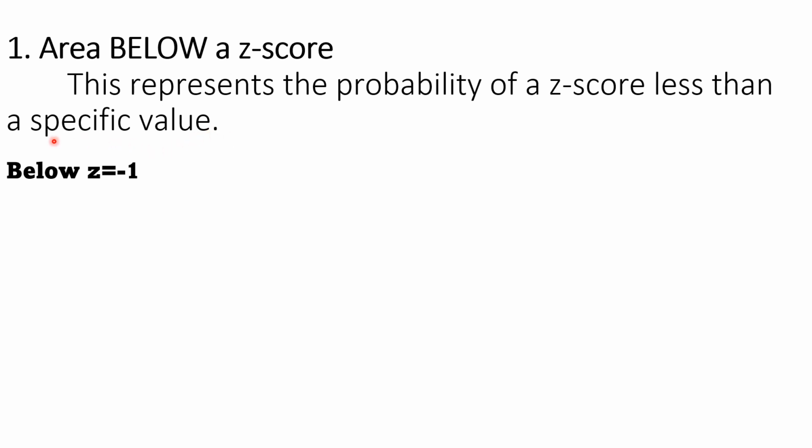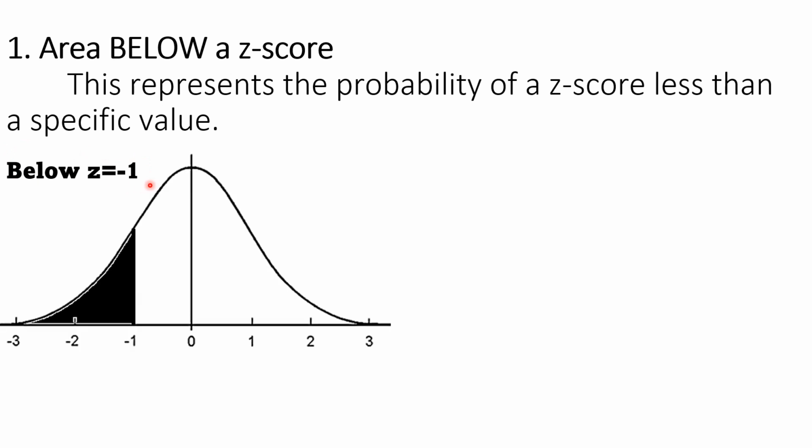So how do we draw the normal curve using this condition, below z equals -1? First, draw a normal curve, of course, and then locate z-score -1. Then since it is under case 1 because of the word below, you will simply shade the left part of -1. So the shaded part is this one.